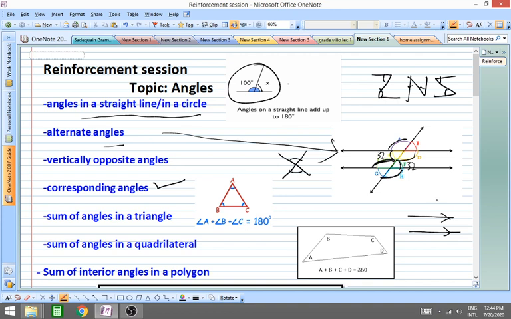Now if another line is intersecting these parallel lines, and I mark this angle here, then this angle would be equal to the angle in the same corresponding section. So both these angles will be equal according to the definition of corresponding angles. Another pair might be this section equal to this part. So that was our corresponding angles.